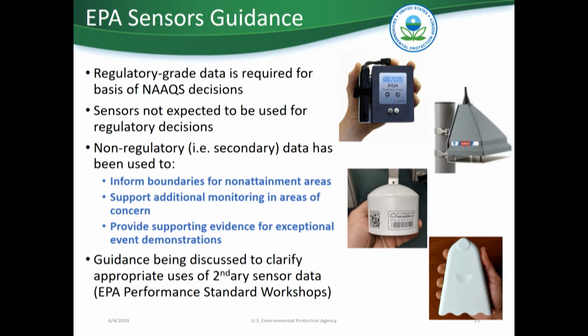But here are our general talking points right now for sensors. Regulatory grade data is still required as the sole basis for NAAQS decisions. So sensors are not expected to be used as the sole basis for any planning actions or NAAQS decisions, but non-regulatory or secondary data, as we call it, has been used in the past, even before the dawn of sensors, to inform boundaries for non-attainment areas, support additional monitoring in areas of concern, and provide supporting evidence for exceptional event demonstrations.